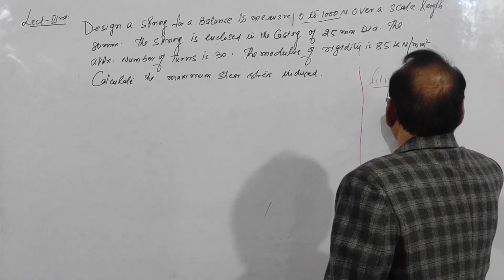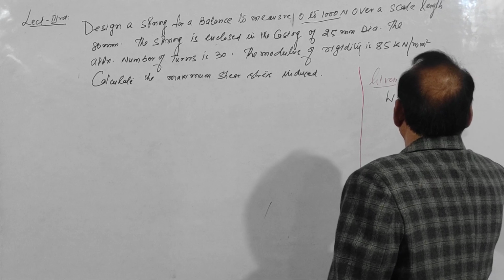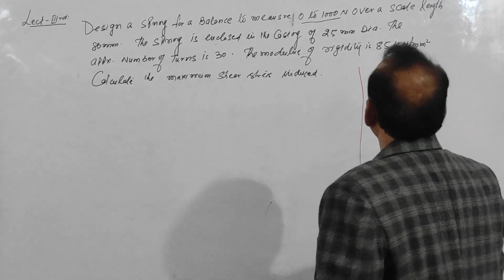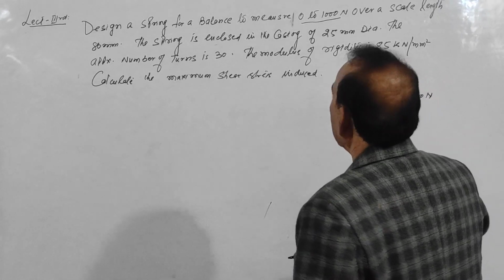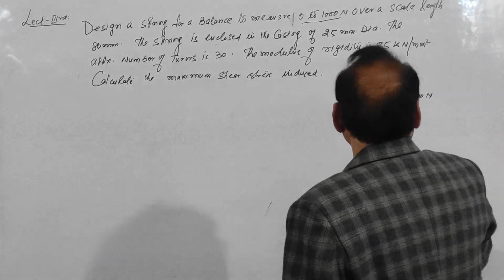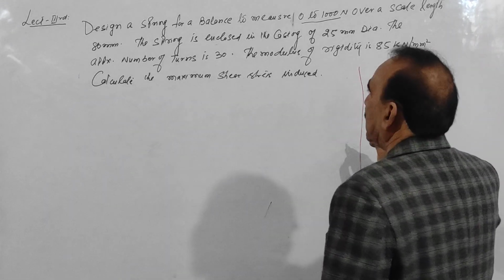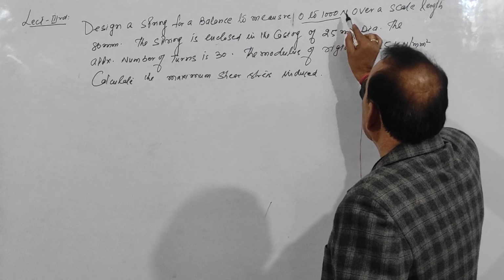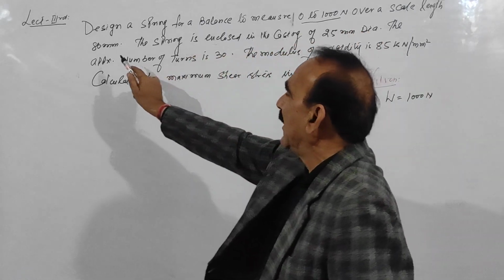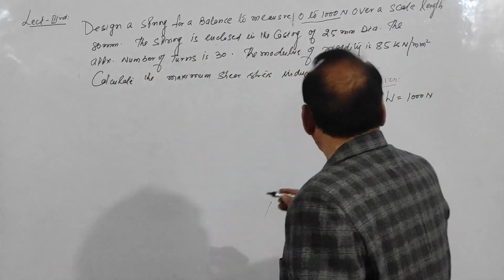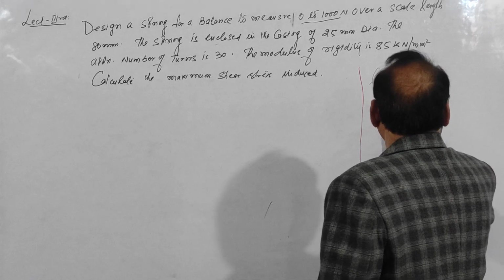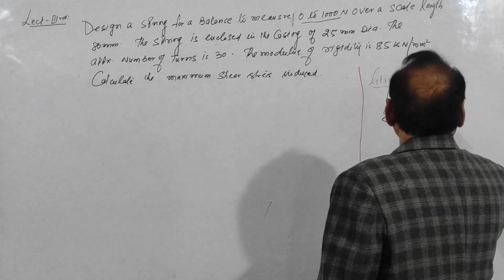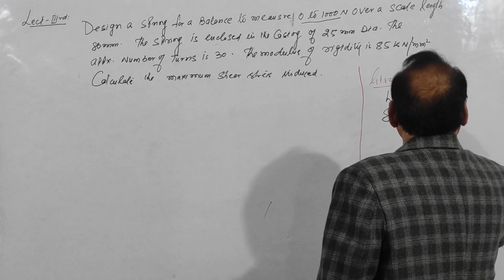So you can say W is equal to 1000 Newton over a scale length 80 mm. तो स्केल लेंथ आपकी 80 mm दिया है कि अगर हम 1000 न्यूटन तक इसको मेजर करेंगे तो मैक्सिमम स्केल लेंथ क्या है, 80 mm. So you can say deflection is yours 80 mm.